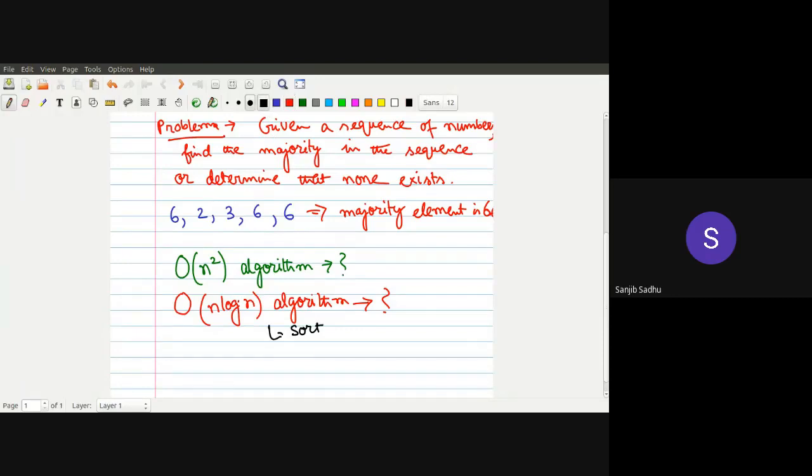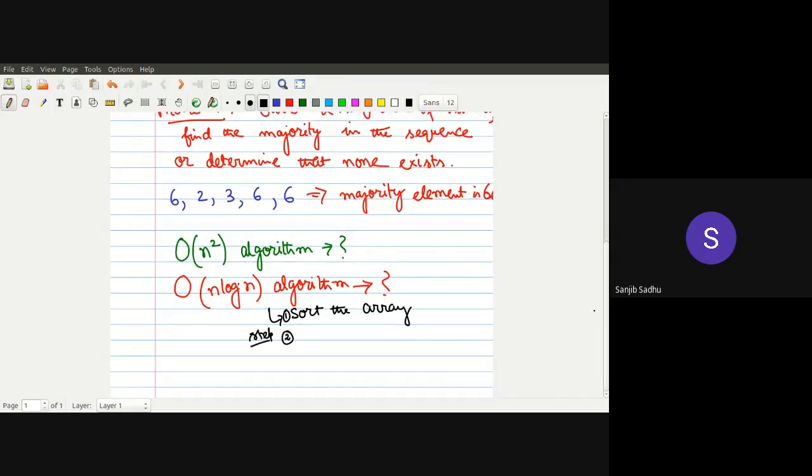In this case, sort the array. Then step 2: after sorting the array, what happens?